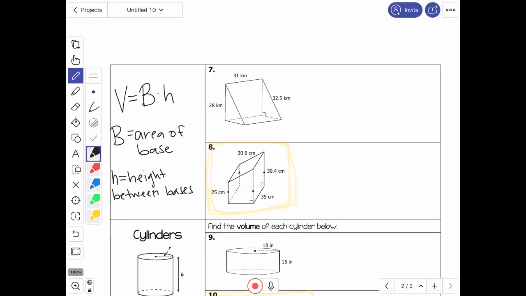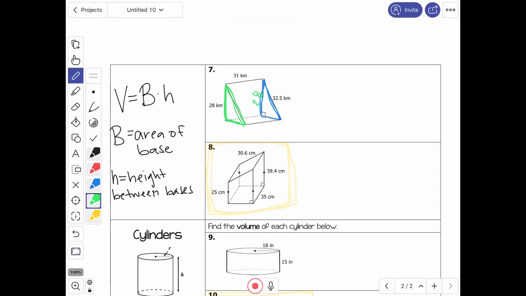All right, so in 7, I have what appears to be a triangular prism. So here is one of the triangles, and then the other one would be there. Because those are my bases, those have to be congruent to each other. So since this straight side is 28 kilometers there, that means this is also 28 kilometers for the blue triangle.